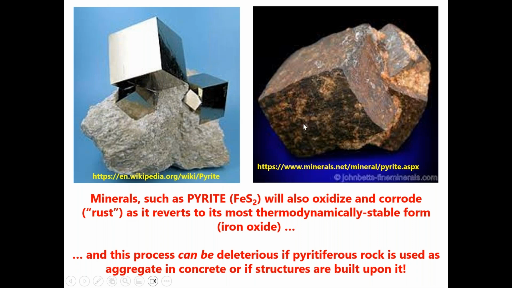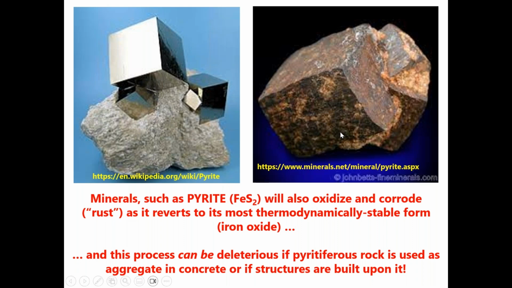Now, if we happen to use aggregates, if we crush up rock that contains pyrite or other sulfide minerals related to pyrite, and we use it as aggregate in concrete, for example, we need to be careful about doing that, because the oxidation and corrosion that the pyrite will start to experience creates secondary products.